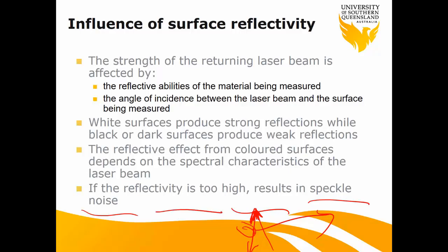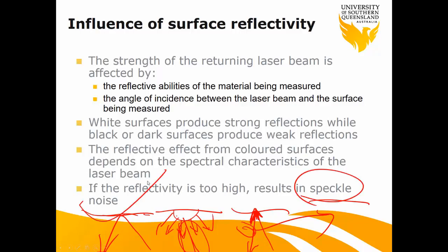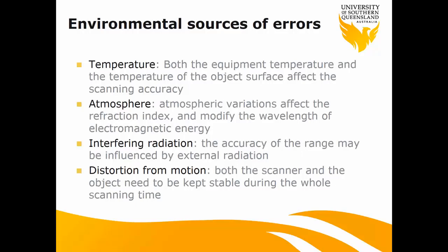Usually for an object surface, the laser beam is reflected like this, so the laser beam comes here and goes like this. We receive some of this, not all of this. But for a mirror, that's different. It reflects everything, so that's not good. It will cause this kind of noise. Too strong, not good.